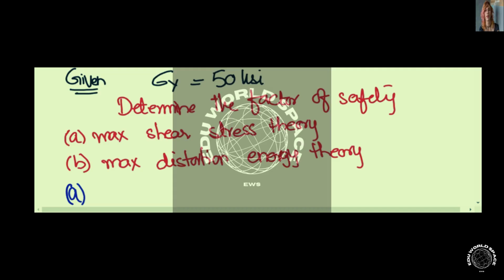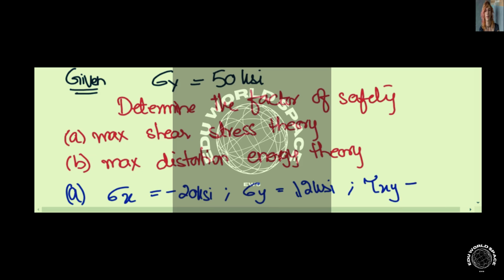Now, the solution for this question is very simple. According to the figure of the problem, we are given that sigma sub x is equal to negative 20 ksi, sigma sub y is equal to 12 ksi, and tau sub xy is equal to 10 ksi.